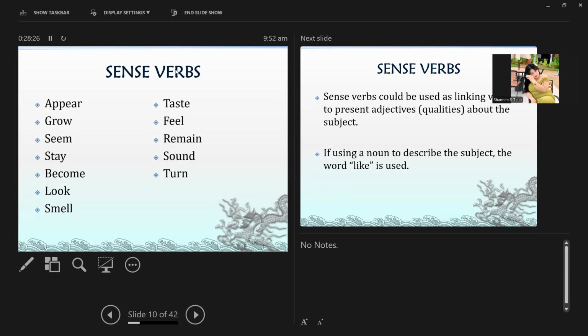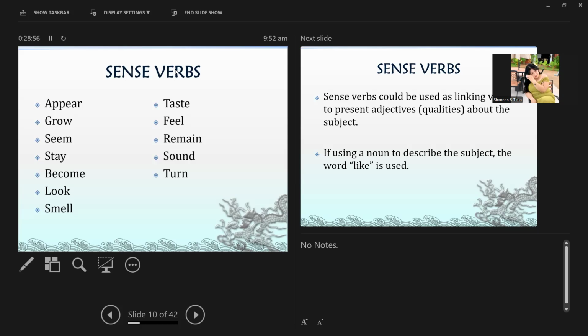Pero pagkagat mo, poisonous pala. Grow, sense of feel. Seem. Taste, sense of taste, you know this. Feel, remain. So you have to kind of memorize these sense verbs.